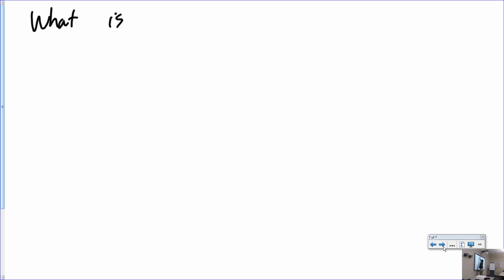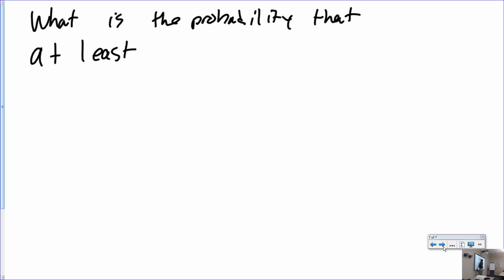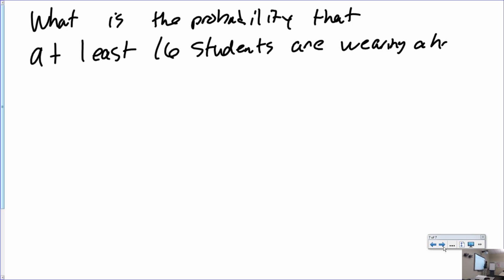But this time I'm going to ask, what is the probability that at least 16 students are wearing a hat? Keeping the 150 students, 10% probability of them wearing a hat. All of that stuff has stayed the same. But now calculate the probability of having at least 16 students wear a hat.